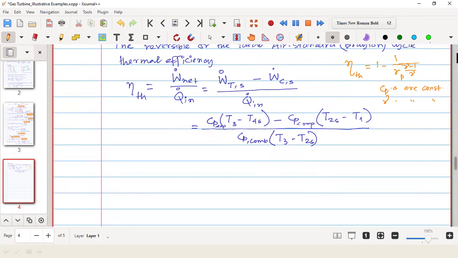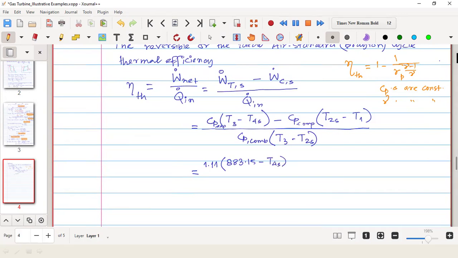So here, if we just put the values, because all the values we have determined, you can put 1.11 for the expansion. T3 is equal to 883.15 minus T4s. T4s we have not yet determined, I think.